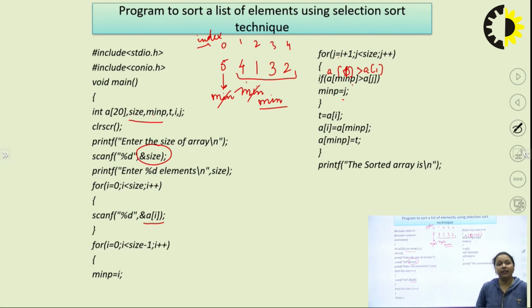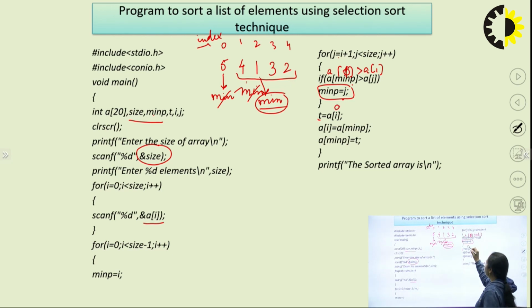In this way we are repeatedly comparing the elements and finding the minimum element. After receiving 1, what will happen? j is increased, but the value of minP will not be updated because the if condition is false. So when the if condition is false, minP will remain at 1. Here t is equal to a[i], i is still 0.